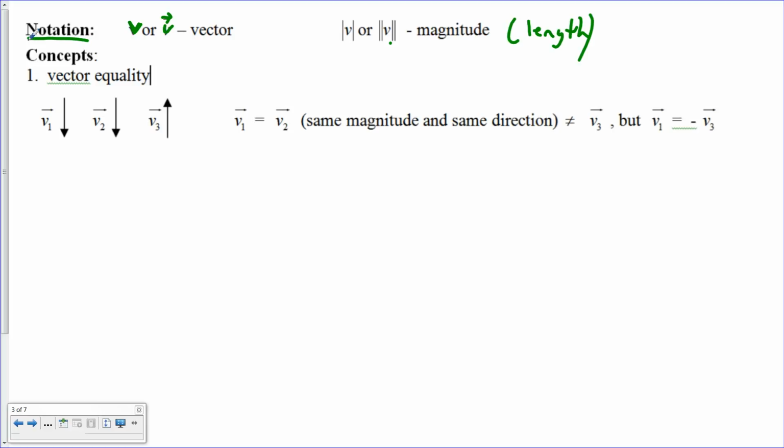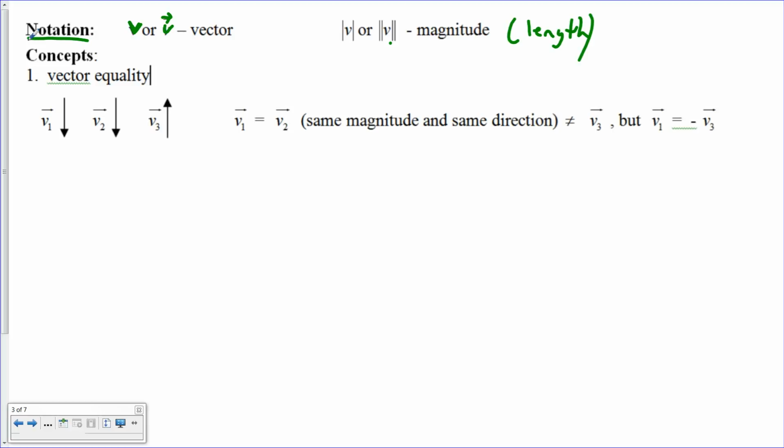Then we have vectors, and vectors are like rays, but they have direction as well. So for example, if you looked at this first particular vector, that vector is going to have a length, but it's also going to have a direction, south. Vectors can be equal.